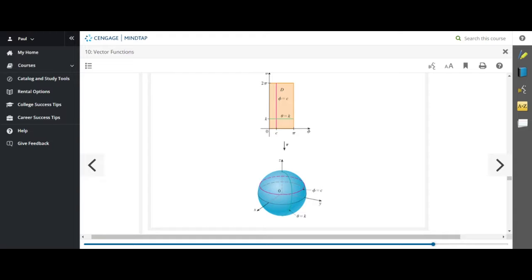Now, on the other hand, you see that blue vertical circle on the sphere. These are grid curves that they're showing you here. Phi equals c is a horizontal grid curve, and theta equals k is a vertical grid curve.